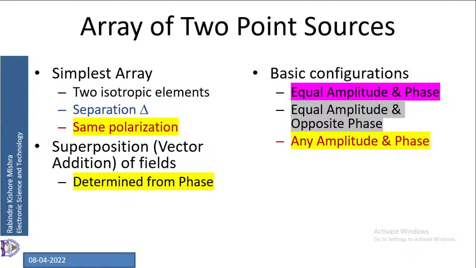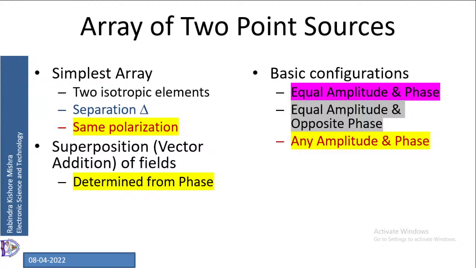The voltage that you feed to the antenna or the current that we feed to the antenna gives us the amplitude. So equal voltage or equal current and equal phase means the current on both antennas is equal and has the same phase. That is equal amplitude and equal phase. Second is equal amplitude and opposite phase, which means the phase difference is 180 degrees.